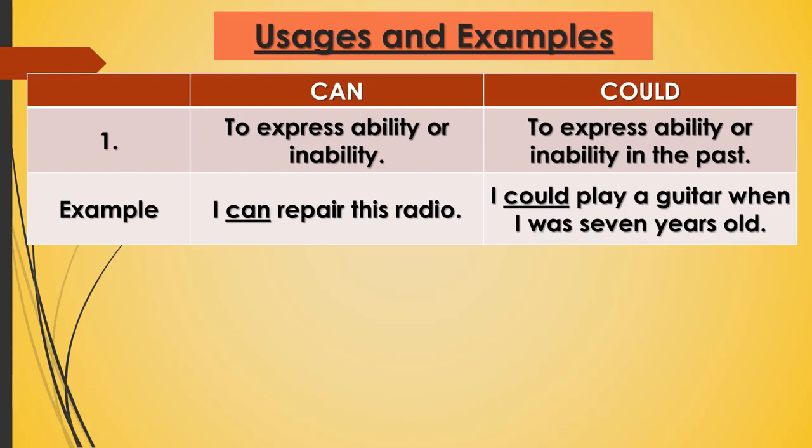But can shows present ability and could shows past ability. For example, I can repair this radio. Here can is used and it is showing present ability. I could play a guitar when I was 7 years old. Here could is used and it is showing past ability.